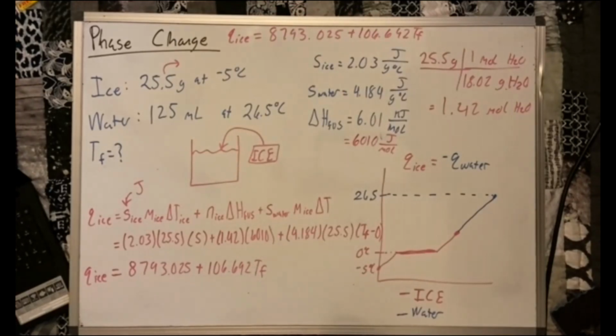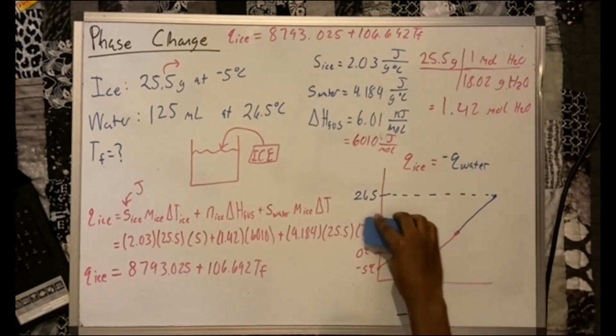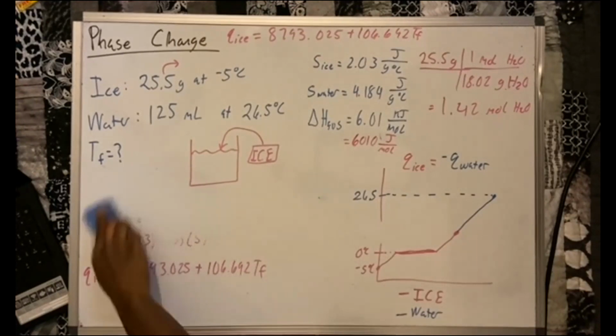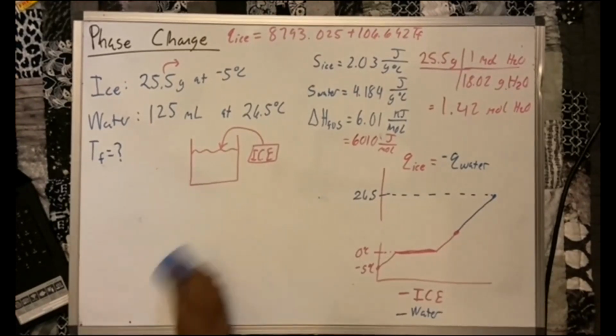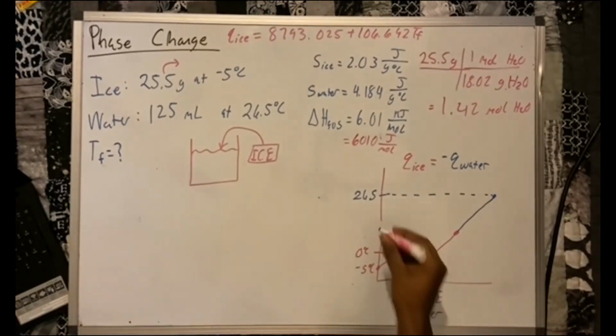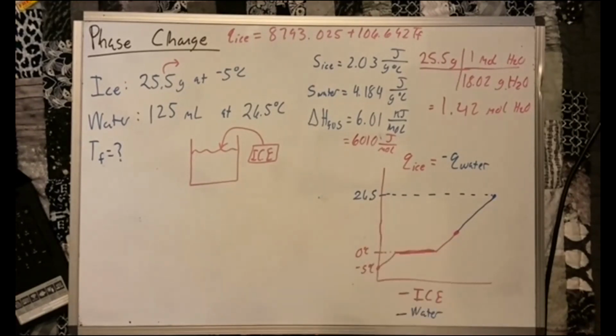Now we need to do the same thing for the water, so we need to write out what our Q water equation is. Where did your Q ice come from? The 8793.